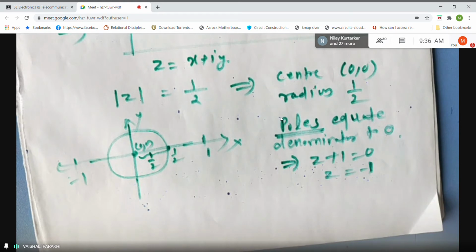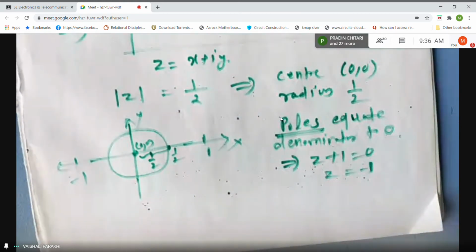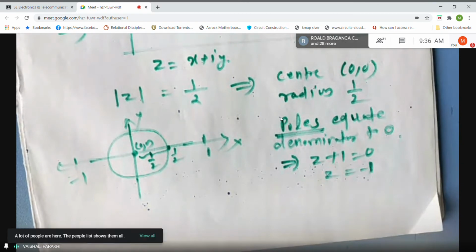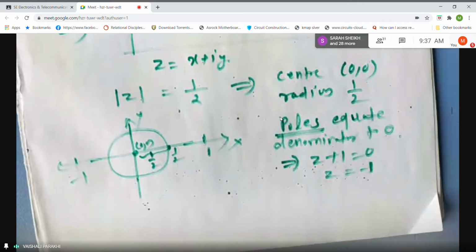Pole means the singularity, students. Understood? What is the meaning of that? Singularity means where the function is not analytic. A function is called analytic when it is differentiable at each and every point of the region. But there will be some points where the function will not be differentiable, means the function will not be analytic. Those points are called singularity points.